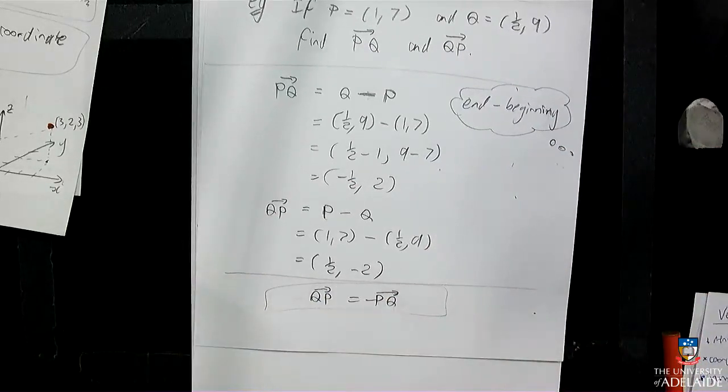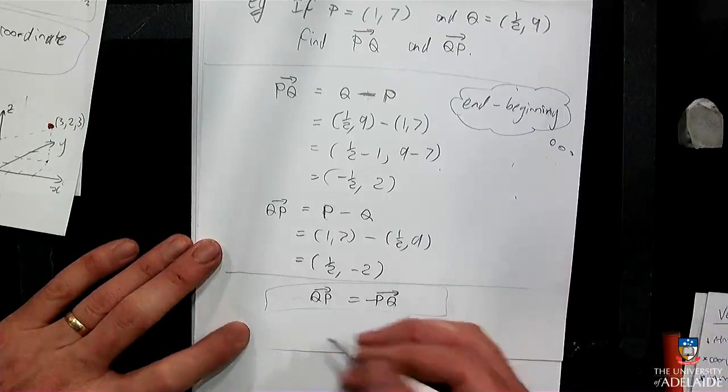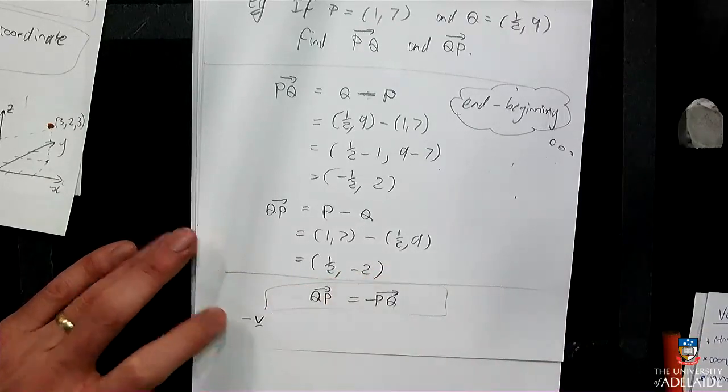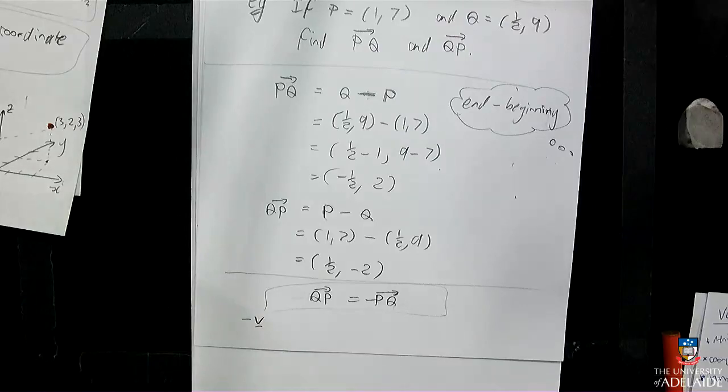And also what that means is that the negative of a vector is the same vector but in the opposite direction. So PQ goes from P to Q, and if you minus it, it goes from Q to P. So we could say that minus v, so it's traditional for the name of a vector to be a small letter.